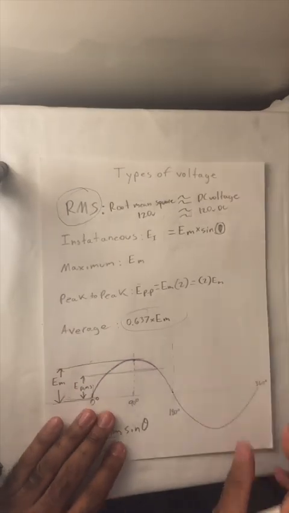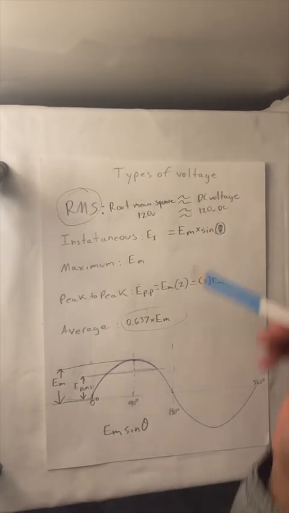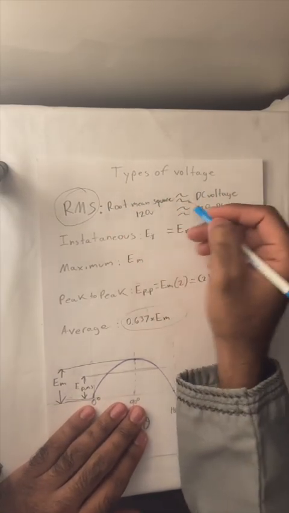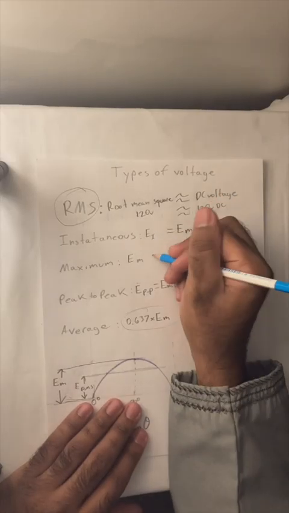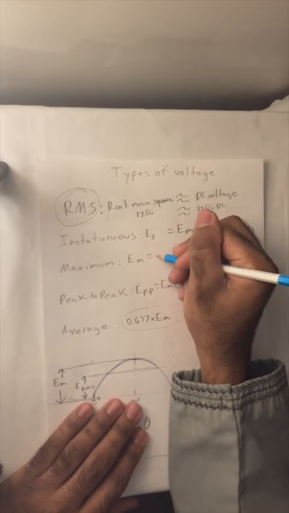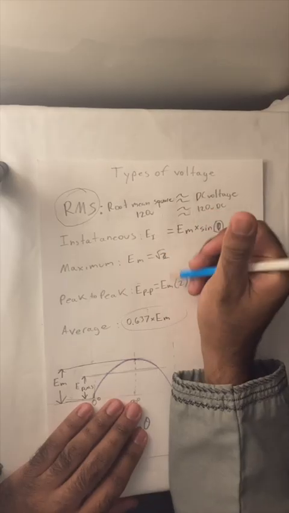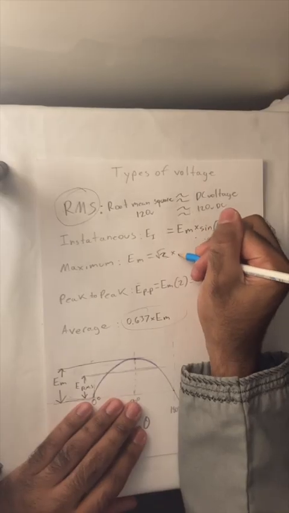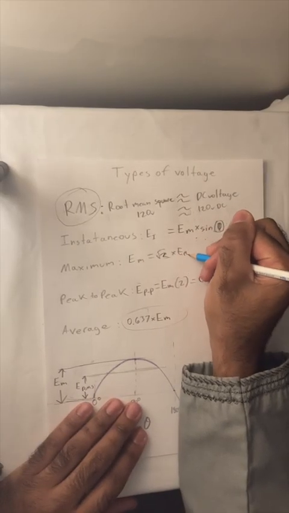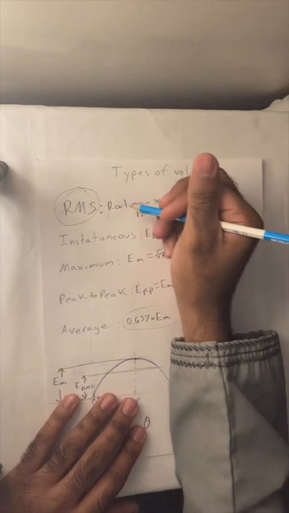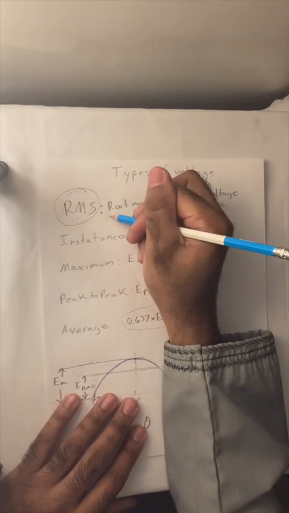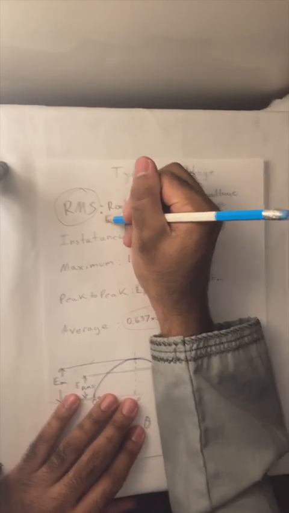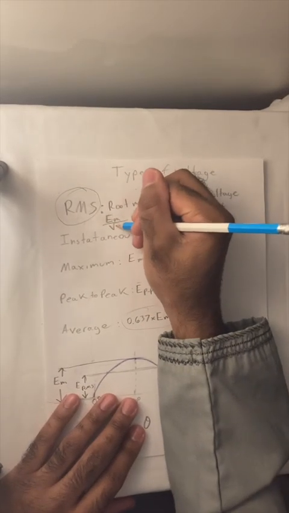We spoke in the past about a few of the voltages, and I wanted to add that the maximum voltage equals the square root of 2 times the RMS voltage. That follows that the RMS voltage is the maximum voltage divided by the square root of 2.